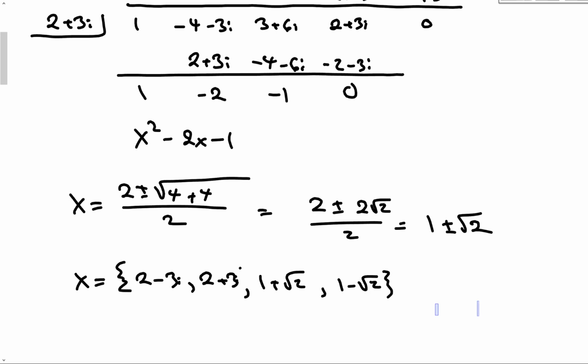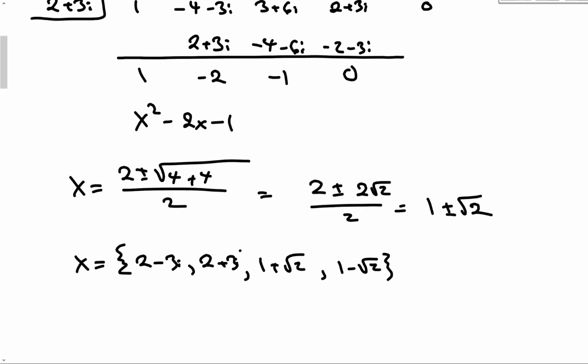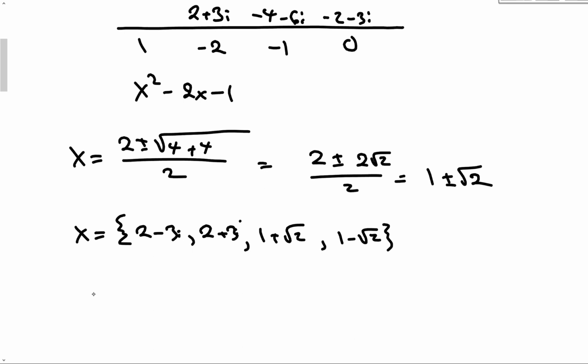Okay? If I want to break this into its linear factorization, I'm going to have to take all these zeros and make factors out of them. Remember, these are all x is equal to 2 minus 3i. For factors, I set them equal to 0.